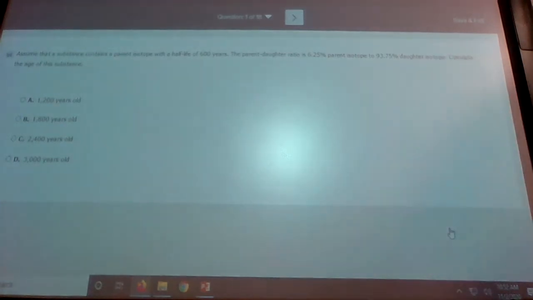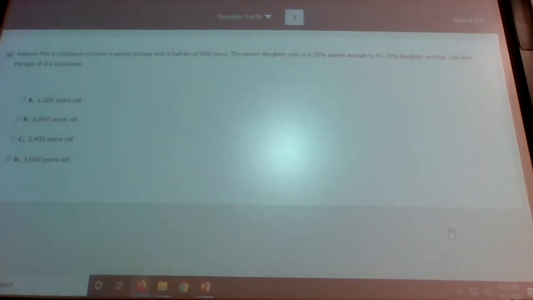Yeah, the half-life. You don't have to know all of it, but you should know how a half-life works. I start out at 100% of the parent, the thing you start out with. After 1 half-life, how much do I have? 50%. After another half-life, it goes down to 25.